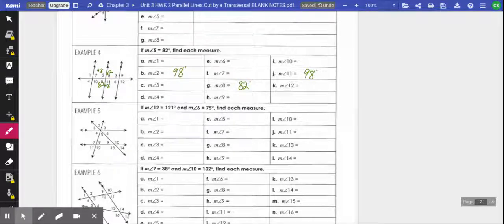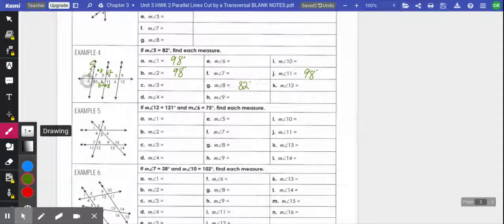I personally, and this is just me here, like to do next look at corresponding angles. So if I think about it, angle 2 is corresponding to what angles? Well, it's corresponding to angle 1 because let's just pretend this line wasn't here. So angle 2 would be corresponding to angle 1, so that means angle 1 is 98. However, let's just say this left side wasn't here.